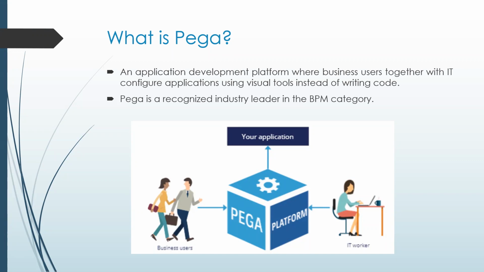Once the initial skeleton is built, that's when they hand it over to the development team. So there is very close coordination between the business users and the dev. And Pega is recognized as an industry leader in the BPM category.